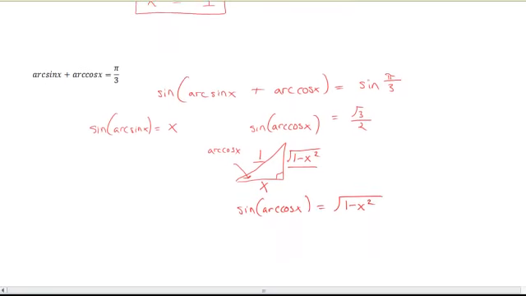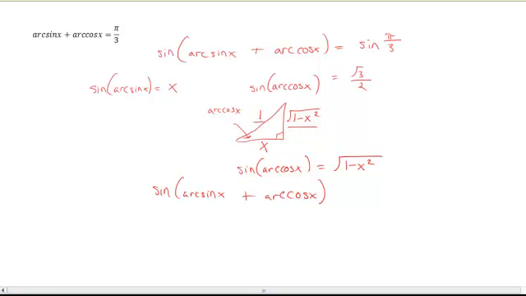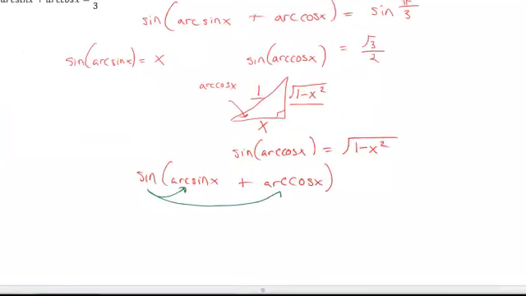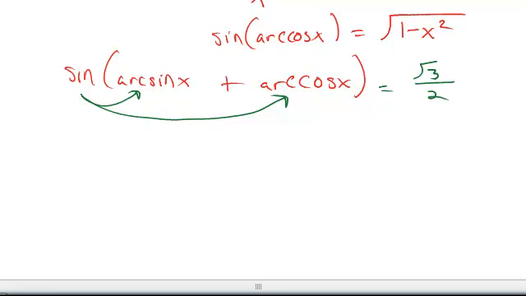However, the question is, when I get sine of arc sine x plus arc cosine x, is it as simple as taking the sine and distributing it to both terms? It is certainly what we'd like to do, but maybe it's not necessarily true. Let's check an example to see.